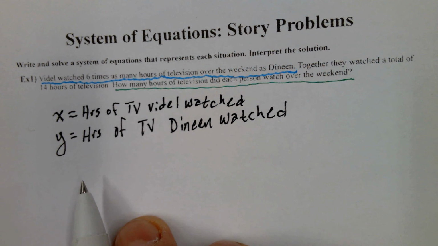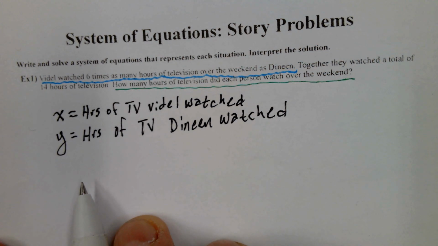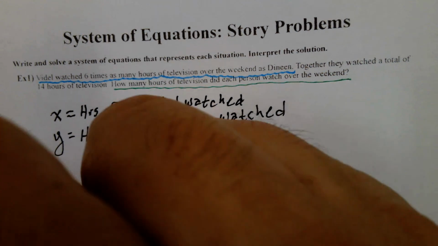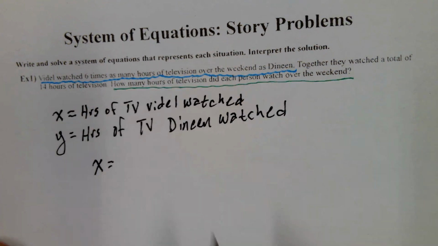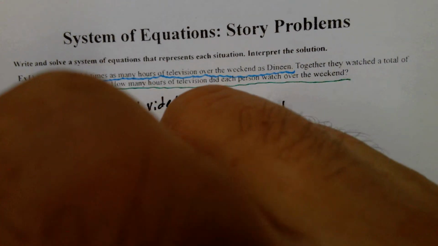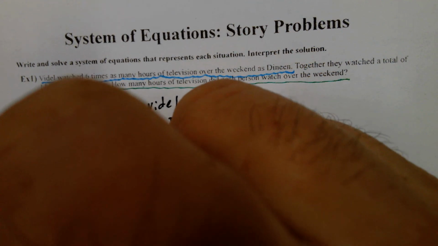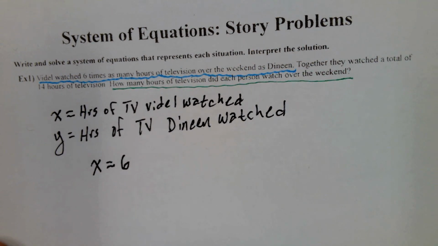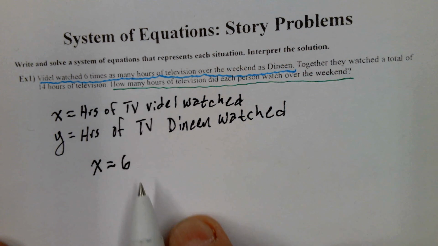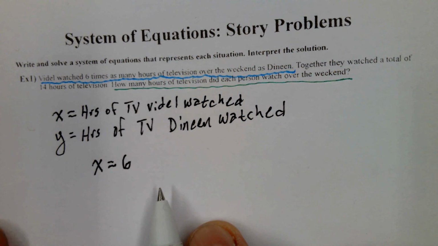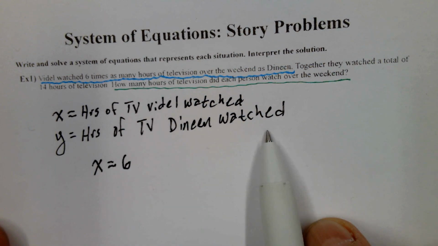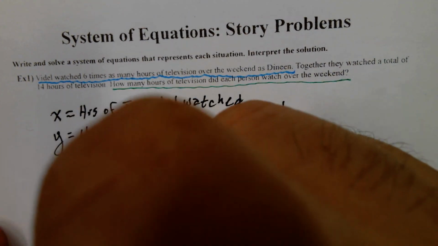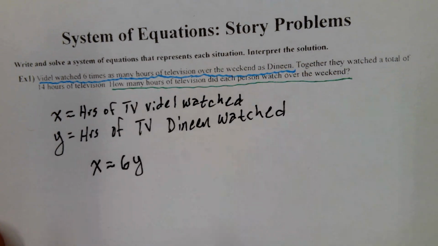Since he watched more, 6 times more, that tells me to multiply by 6. So I'm going to say X, which is how much TV Vidal watched, right? Equals 6 times the amount of TV Denis watched. And what are we using for the amount of hours that she watched? Y. So X equals 6Y.